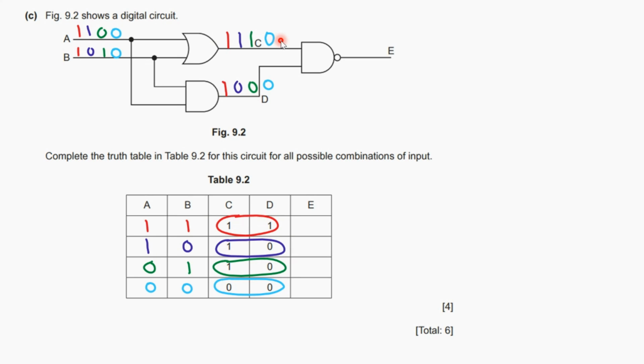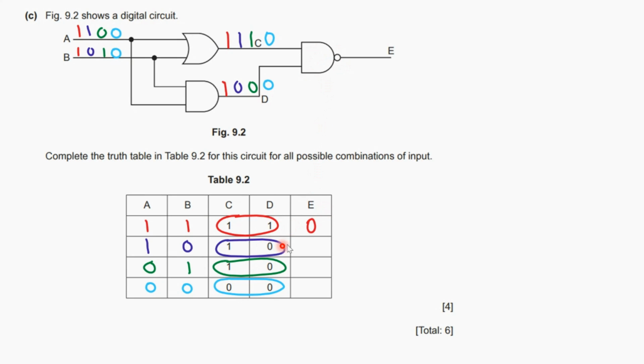The C and D are the inputs for the NAND, and E is the output. So we have 1 and 1, and 1 and 0, and 1 and 0, and 0 and 0. For case 1, if we have 1 and 1, AND gives us 1, but the whole schematic diagram is NAND, so it's inverted into 0.